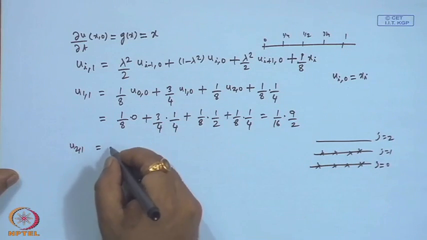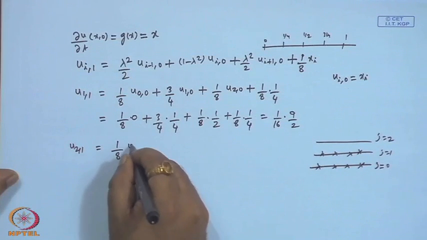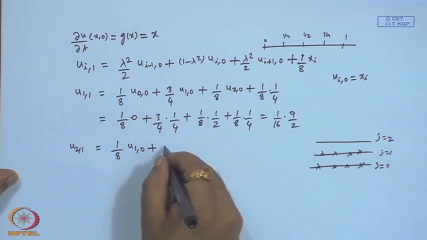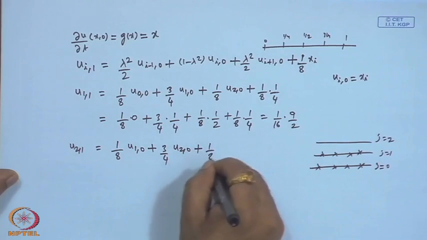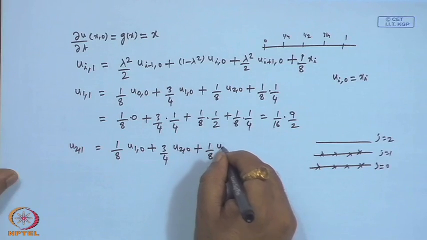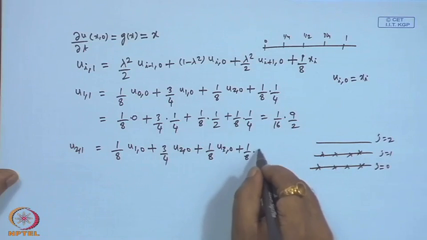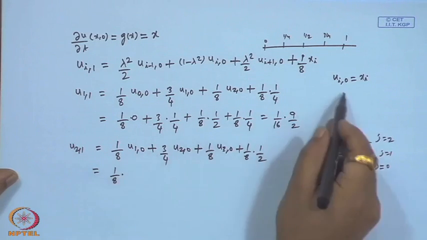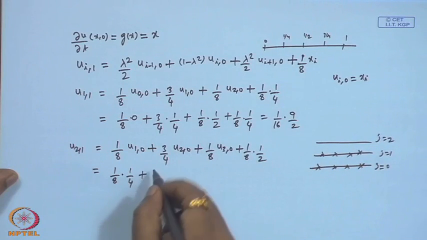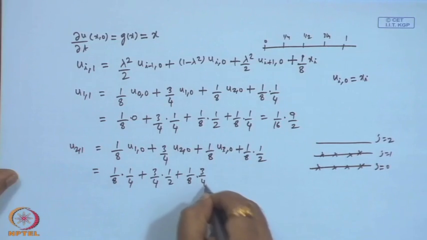So, that we use the other formula and compute. Okay. So, u 21 is 1/8 u 10, x 2. Okay. So, this will be 1/8, u 10 is x 1, that is 1/4, is half, 3/4.